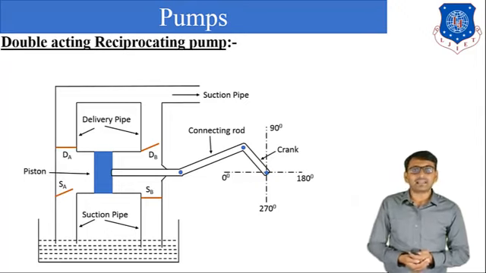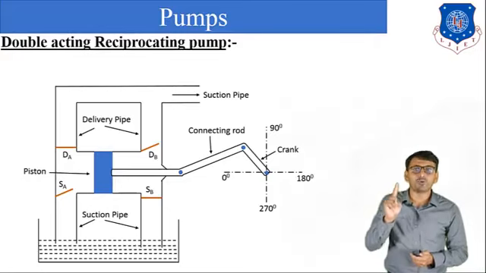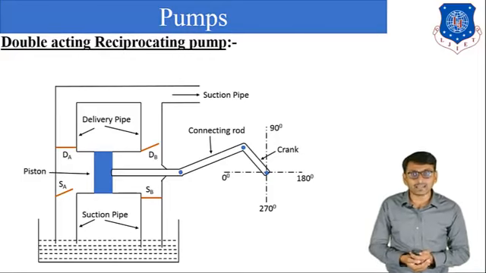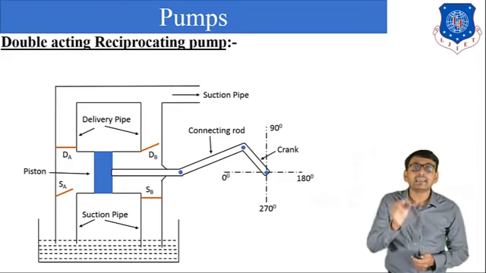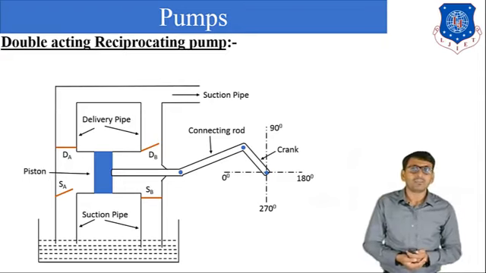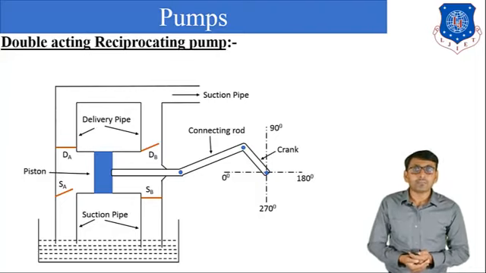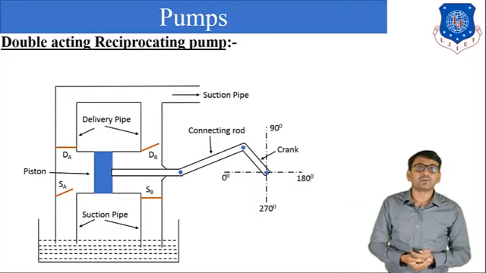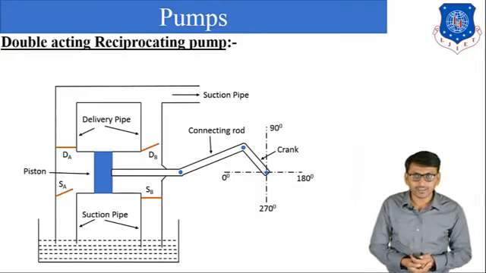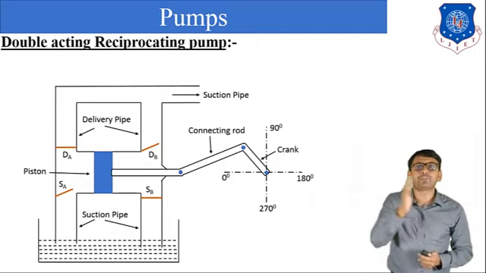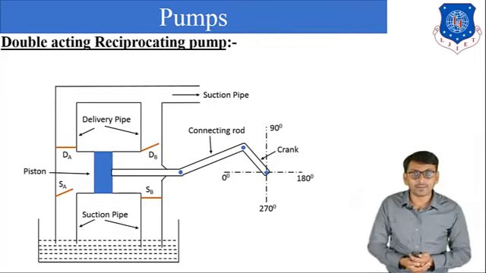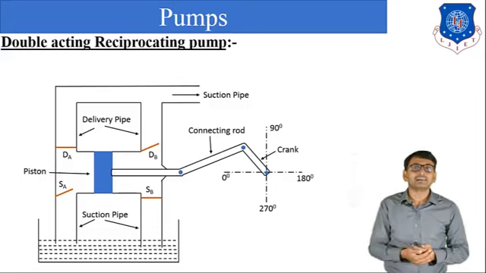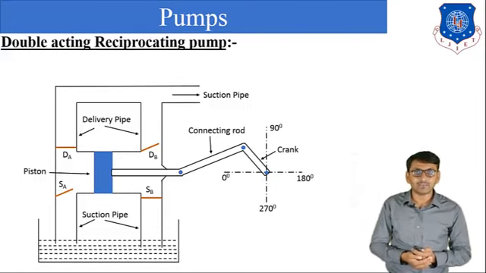In this pump also, one cycle is completed in two strokes, the forward stroke and the reverse stroke. Now assume that there is water present at the right side of the piston in the cylinder. During the first stroke, the piston moves to the right in the cylinder and the crank rotates from 0 to 180 degrees. Due to the movement of the piston, a pressure difference is created at the left side of the piston in the cylinder.